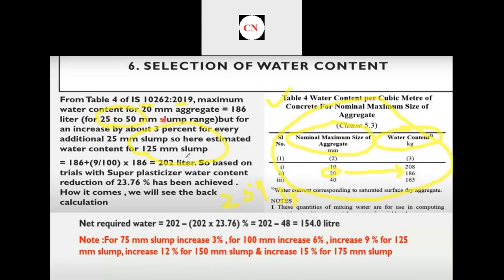Here in this particular illustration, we are considering a slump of 125 mm. So 125 minus 50 is 75, which is 3 into 25. That means for every 25 mm increase in the slump we raise the water content by 3%, so 3 into 3 is 9%.